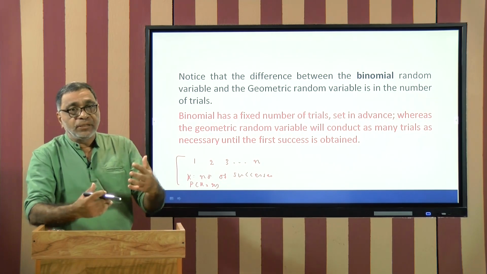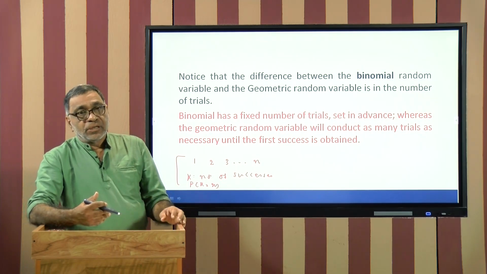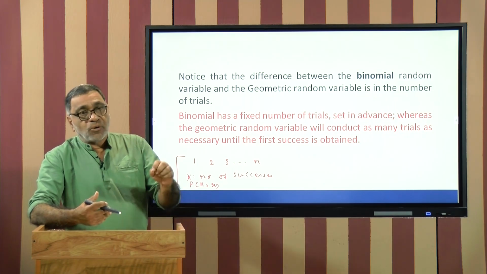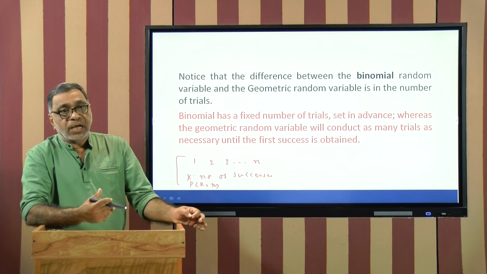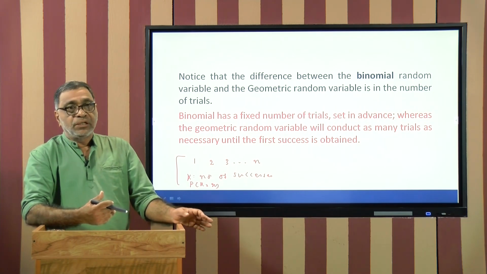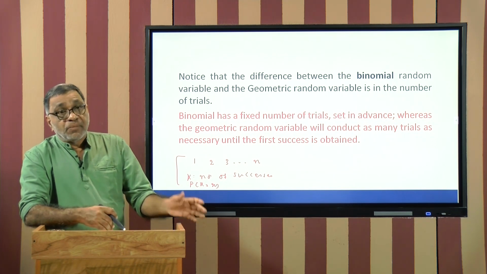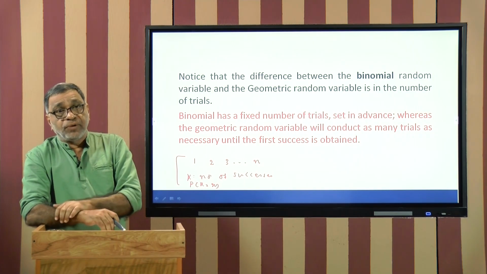We are performing n trials, and out of n trials you count the number of successes obtained, and also you find the probability of getting x successes out of n trials with the probability of success p, and that is our binomial random variable probability mass function. But what is the difference with the geometric random variable?